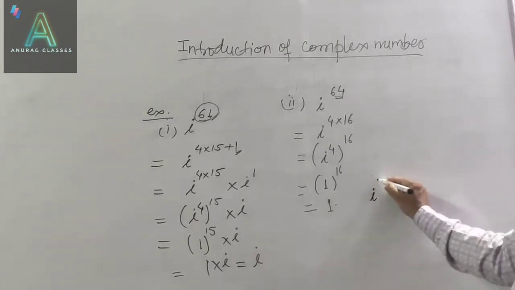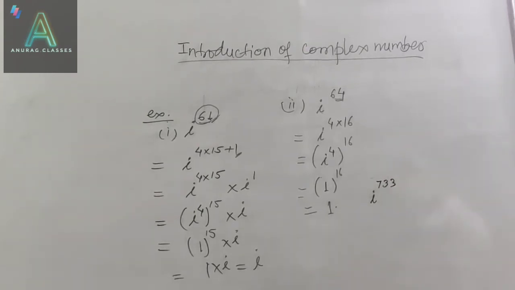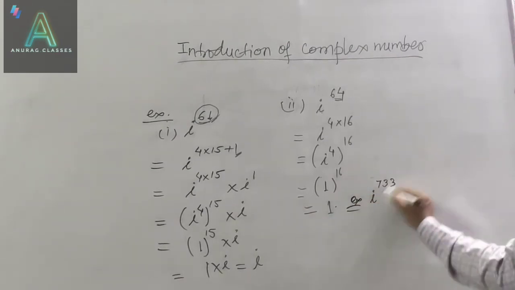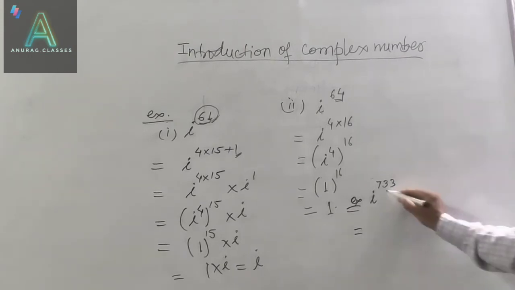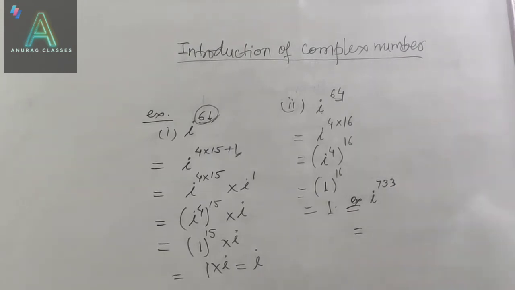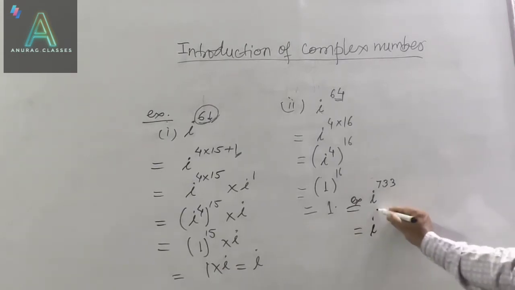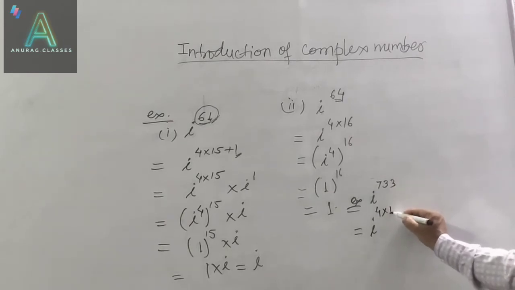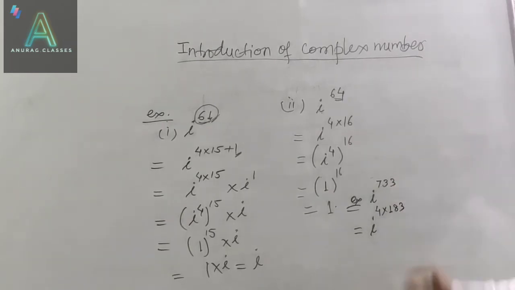So very easily we can conclude that, take another example, iota to the power 733. So what will you have to do? You have to just divide 733 by 4. So very easily you can conclude that 4 times 1 is 4, 4 times 8 is 32, and 4 times 3 is 12, plus 1.